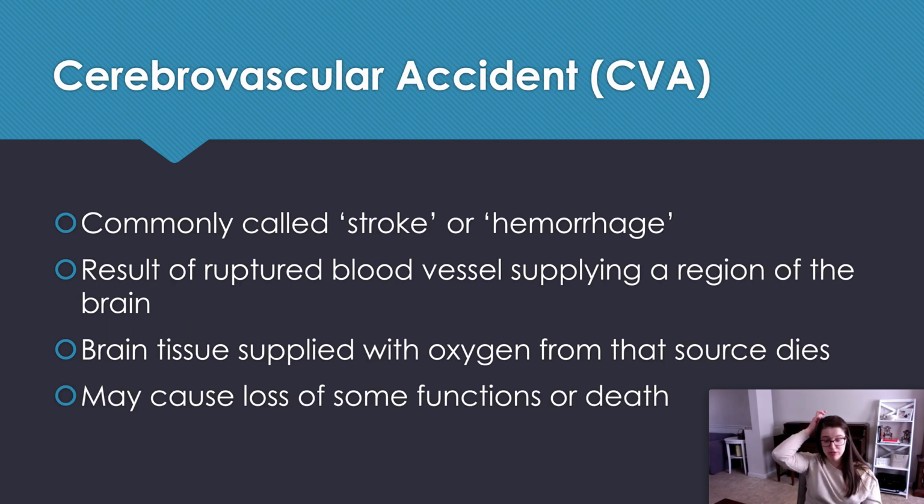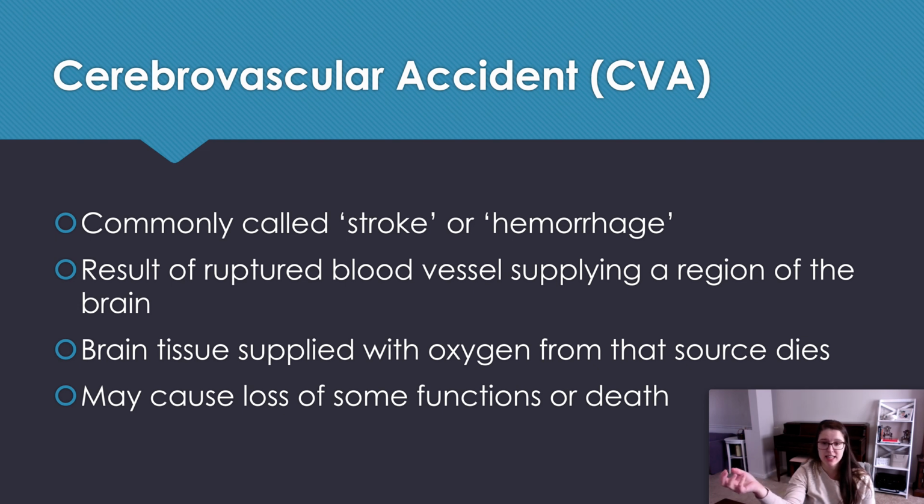Finally, cerebrovascular accidents. In other words, a stroke or a hemorrhage. These are interchangeable terms. A blood hemorrhage is when a vessel supplying some region of the brain ruptures. This could happen at an aneurysm site. An aneurysm is when there's a weakening of the wall of the vessel.